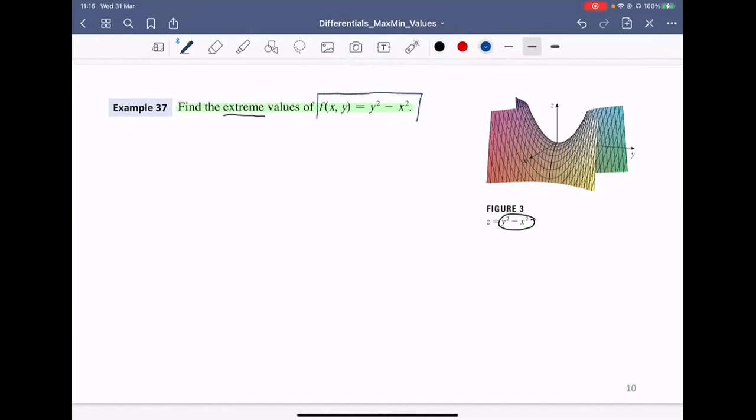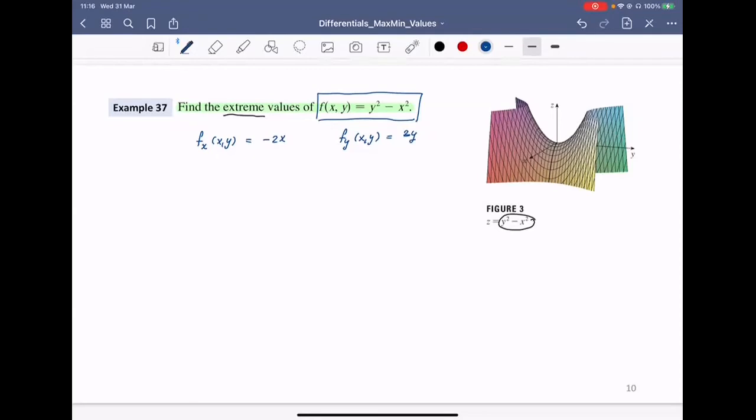We are trying to get the critical point and then use the second derivative test. Again, I differentiate one time with respect to x, so I get negative 2x. Then I differentiate one time with respect to y, and I get 2y. The function is very simple.